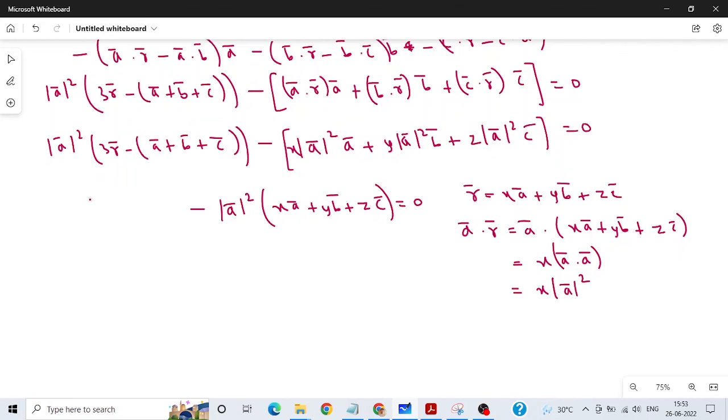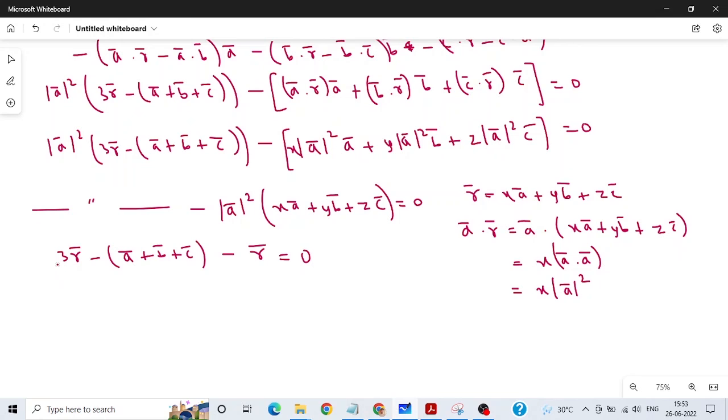The first term we have here as it is. Now we can see that both terms contain mod of a bar square, so we can take it common and set it on the right hand side. 0 upon mod of a bar square is going to be 0. So we are left with 3r bar minus a bar plus b bar plus c bar minus x a bar plus y b bar plus z c bar, which is nothing but r bar, equal to 0.